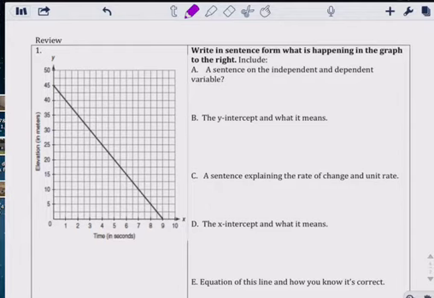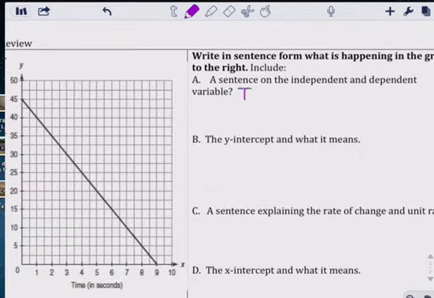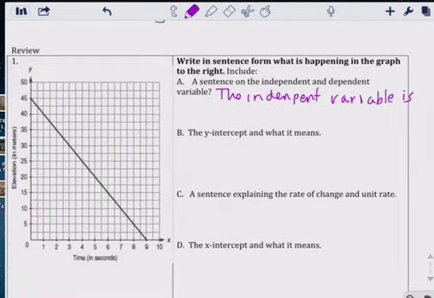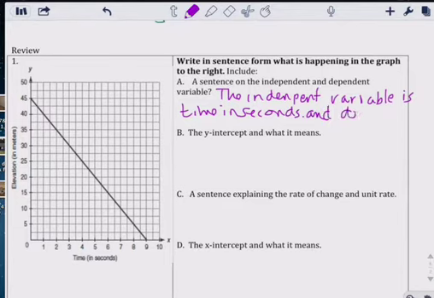Write in a sentence: the independent variable is time in seconds, and the dependent is elevation, that means how high, height in meters.